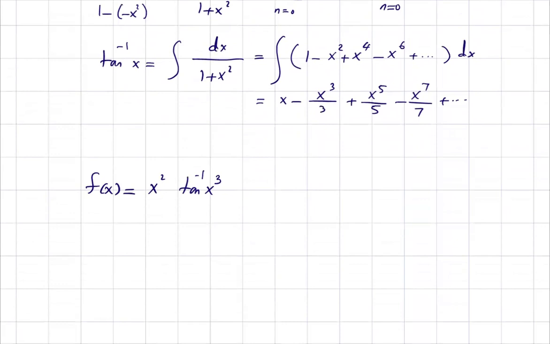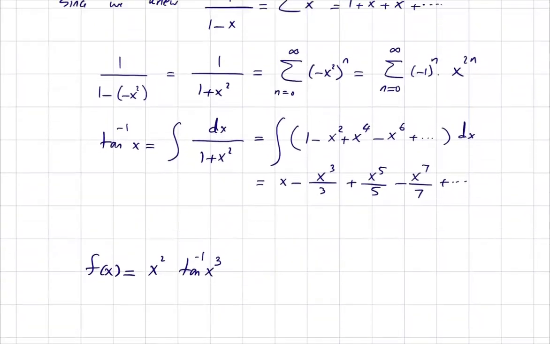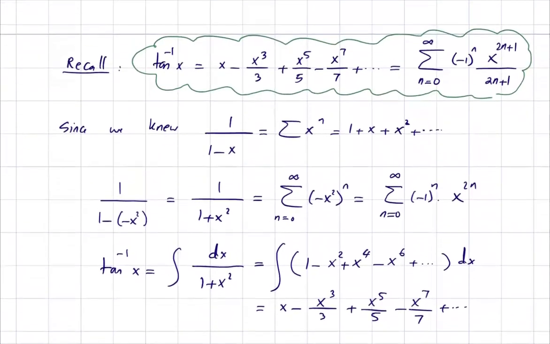What is the power series representation for this guy? How are we going to deal with this? You already know the behavior of inverse tangent. The inverse tangent is the summation of -1 to power n, x to power 2n plus 1 divided by 2n plus 1. But this is for inverse tangent of x. So let us copy down inverse tangent.